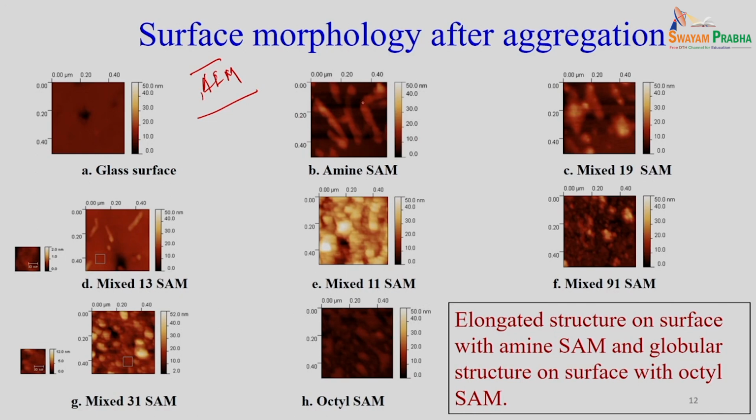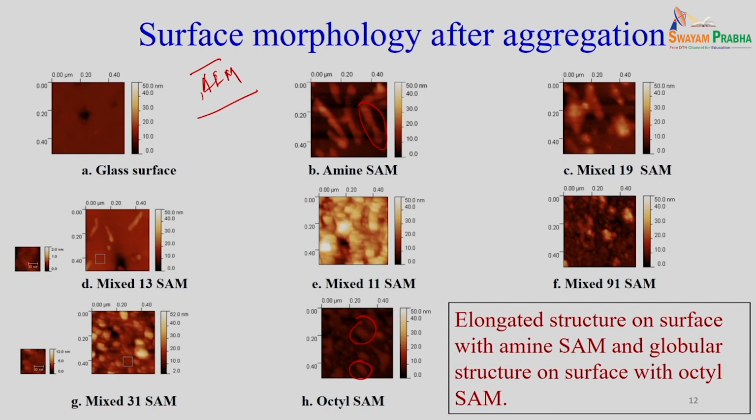While in case of amine SAM, you can see an elongated structure of the aggregates, and if you go for the octyl or hydrophobic surface, we can see a globular structure. And in between, here we are decreasing the amine fraction and adding the octyl fraction.